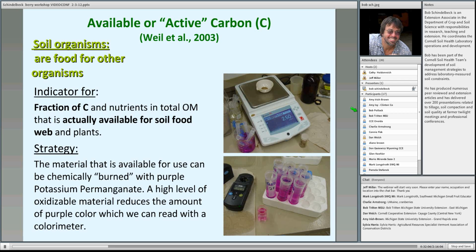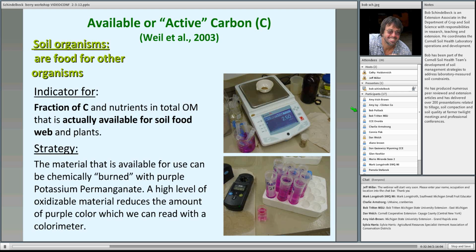Bacteria would act very quickly on this sort of material, but we can measure this, and a high level of it would suggest a high level of activity in our soil. So we can use this information as we approach our management. We talked last week, I'll mention it again, about how this purple potassium permanganate can also break down and burn this soil organic matter, not unlike the organisms.